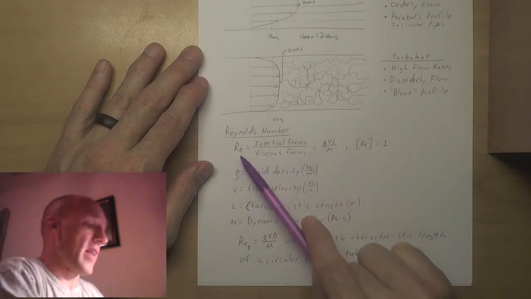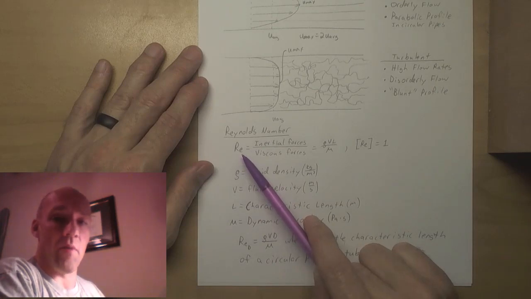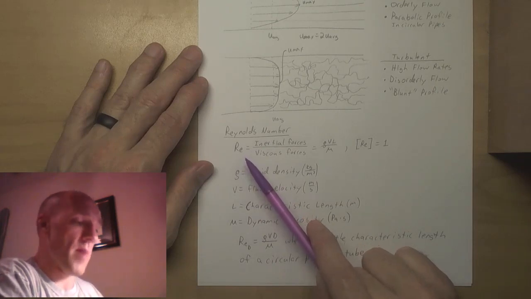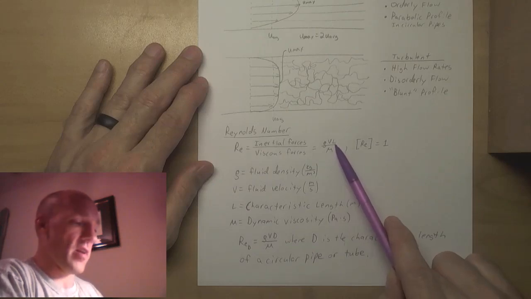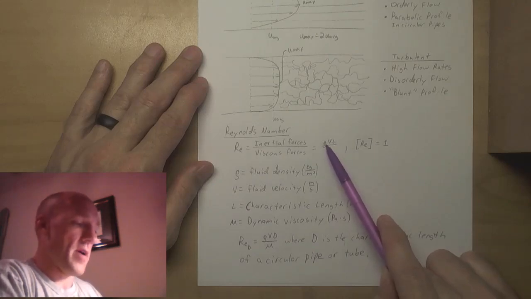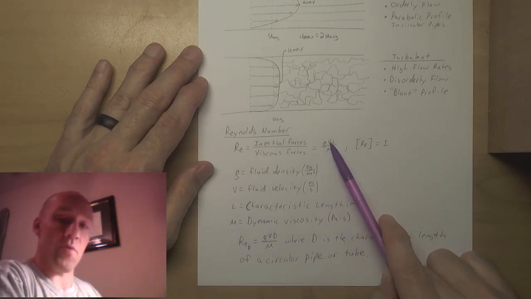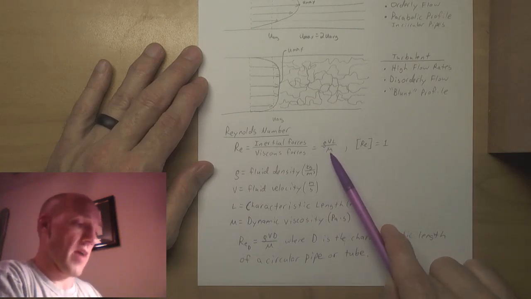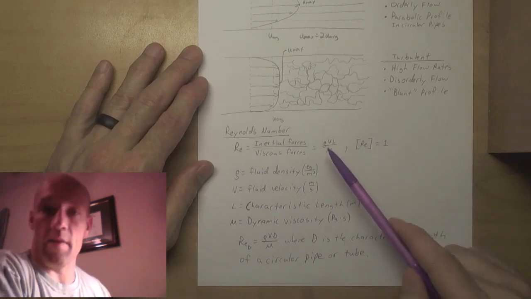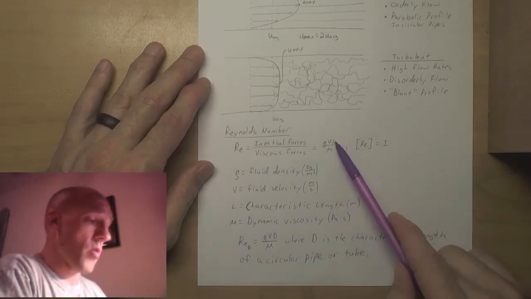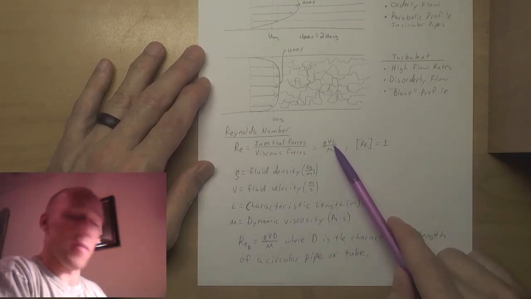Like I said, it's a dimensionless number. It has no dimensions, so to get the dimensions right, I need a characteristic length. I have kilograms per meter cubed, then meters per second, and Pascal seconds. To get the units to go away, I need meters on the top in SI units. So we need a characteristic length.